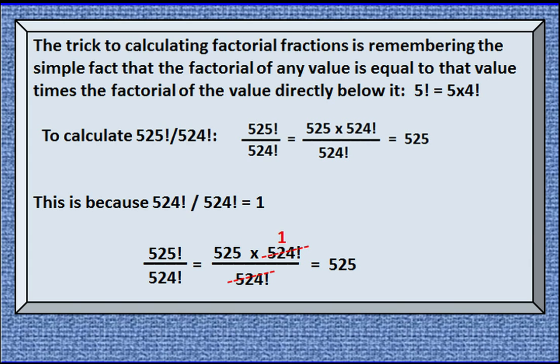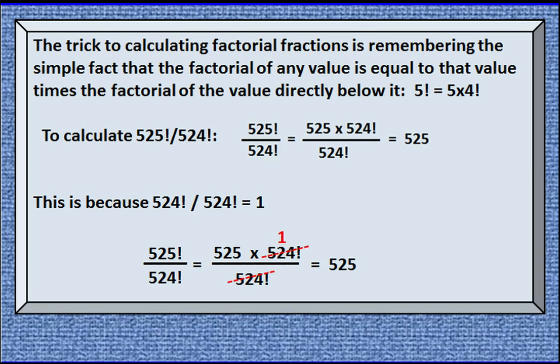The trick to calculating factorial fractions is remembering the simple fact that the factorial of any value is equal to that value times the factorial of the value directly below it. For example, 5 factorial is equal to 5 times 4 factorial. To calculate 525 factorial divided by 524 factorial, note that 525 factorial divided by 524 factorial is equal to 525 times 524 factorial, and that is all divided by 524 factorial.